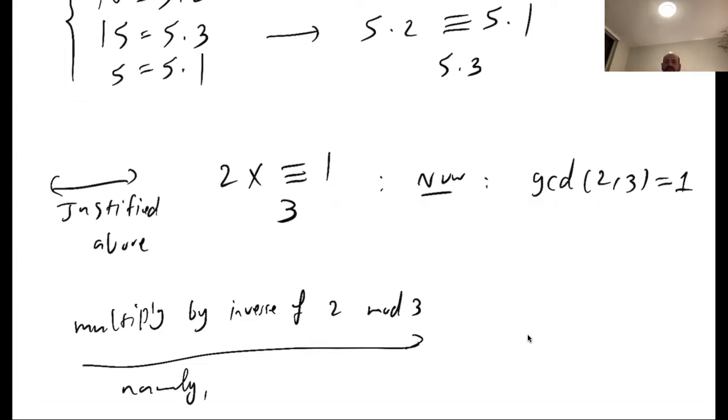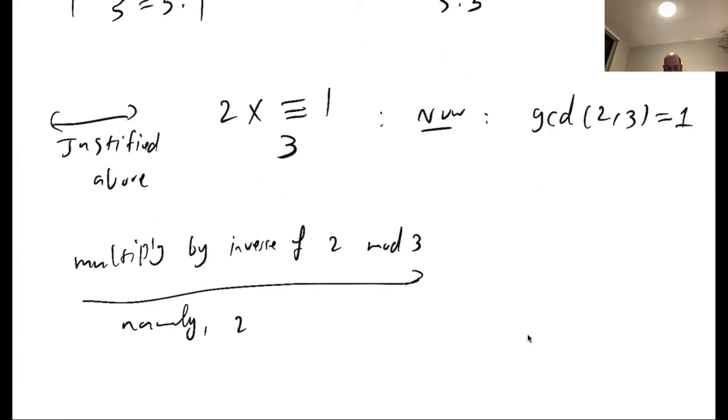Of course, we have an algorithm to find the inverse, but in the case that the numbers are small, you can just find the inverse by inspection. Just check one by one. 2 times which number is 1 mod 3? Well, 2 itself, because 2 times 2 is 4, which is 1 mod 3.